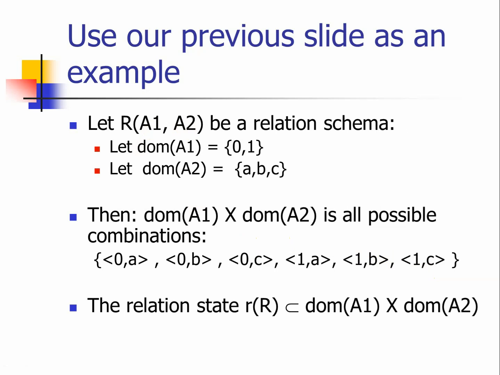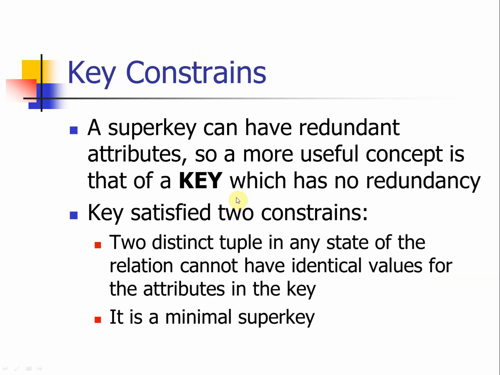And of course, usually we don't have this limited amount of possibilities, or the domain is much wider than this case. So a superkey can have redundant attributes. More useful is the concept of the key that removes the redundancy. The key attributes specify the following constraints.